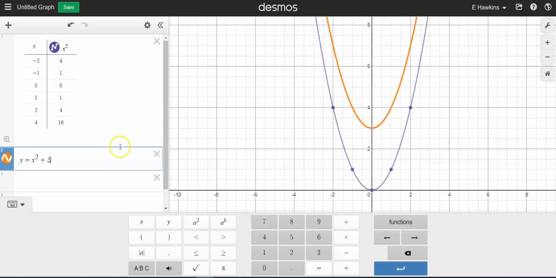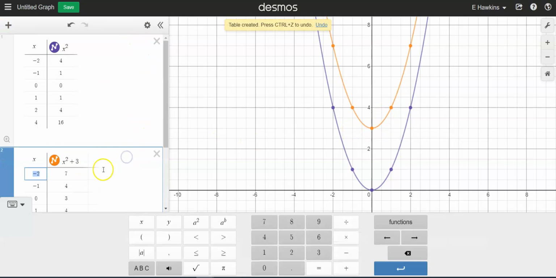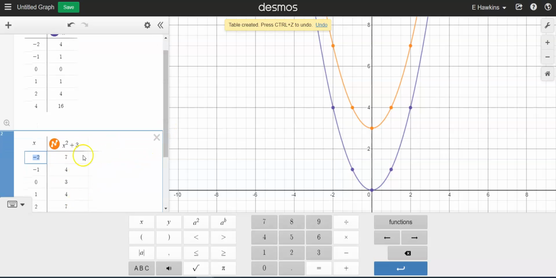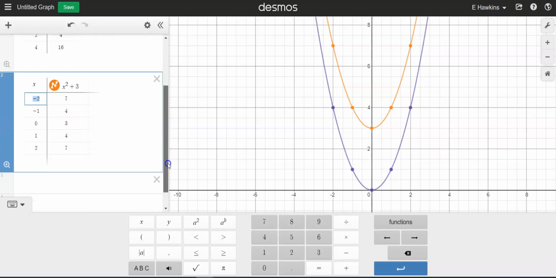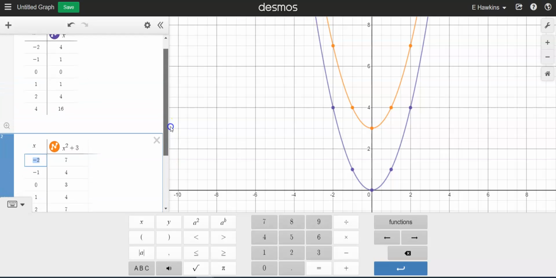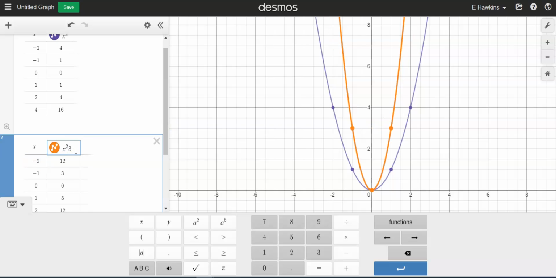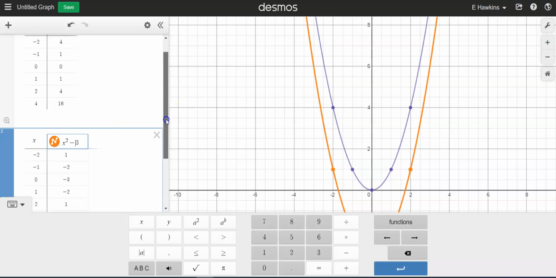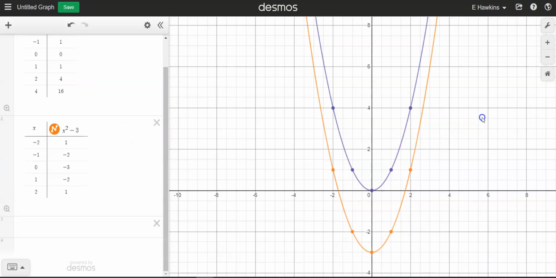Let's just rise this 3. So all the y values will go up 3 because there's a vertical shift. So if we said minus 3, they're all going to go down 3.